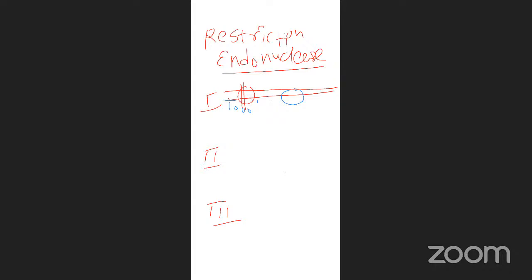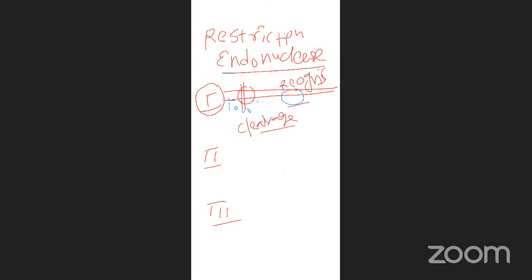At this site, even 8,000 base pairs away, cleavage can occur. So in type 1, the recognition site and the cleavage site are different. This is recognition, and this is the cleavage site.